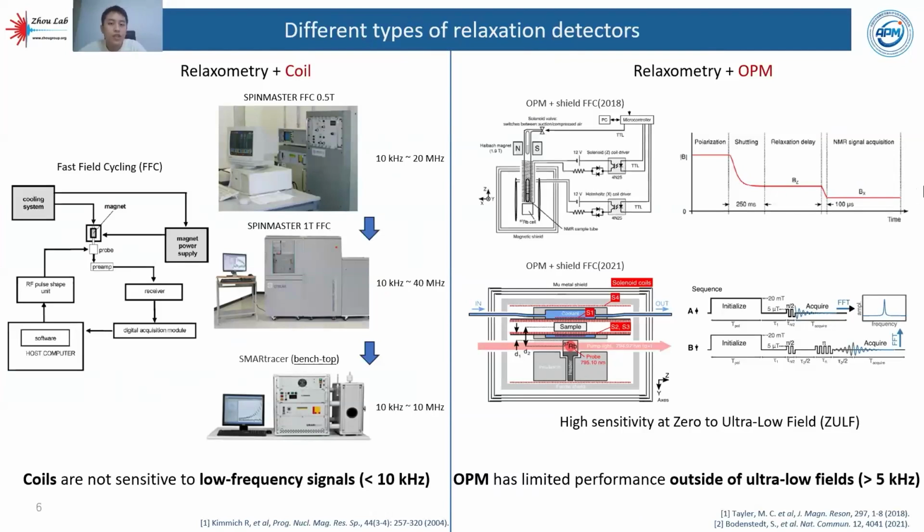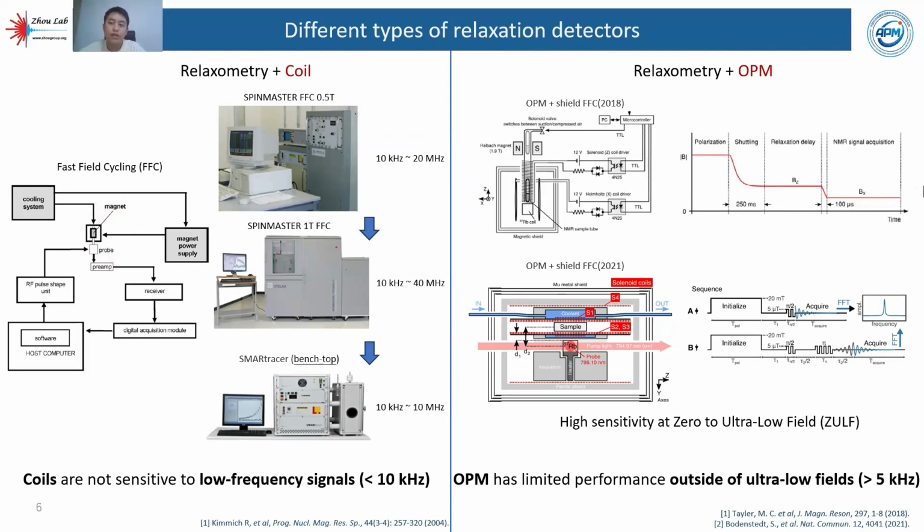After more than two decades of development, many techniques have been proposed for field cycling relaxation measurement. On the left is a commercial fast field cycling relaxation measurement. It uses a coil as the detector, and it varies the magnetic field by tuning an electromagnet.